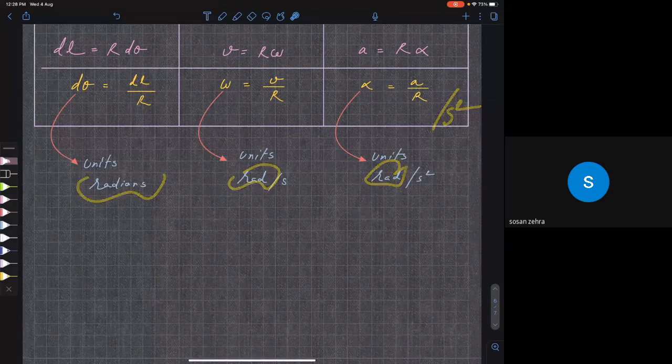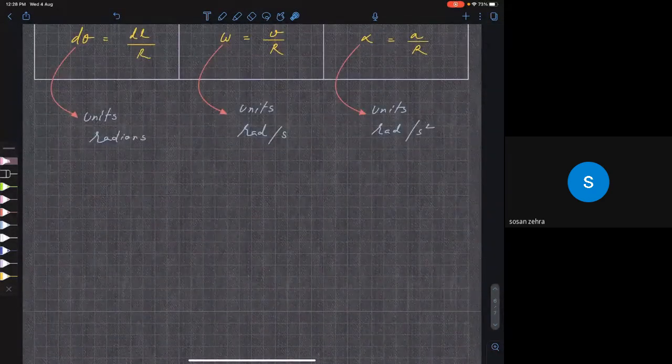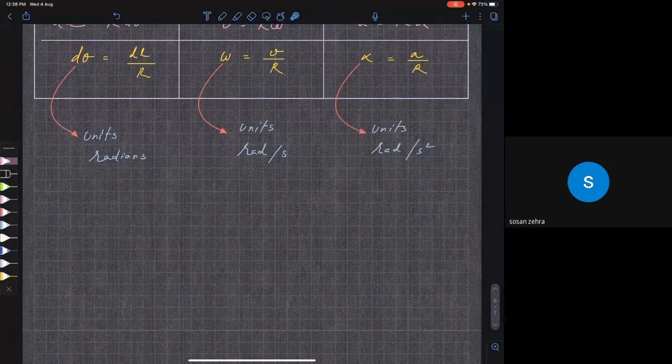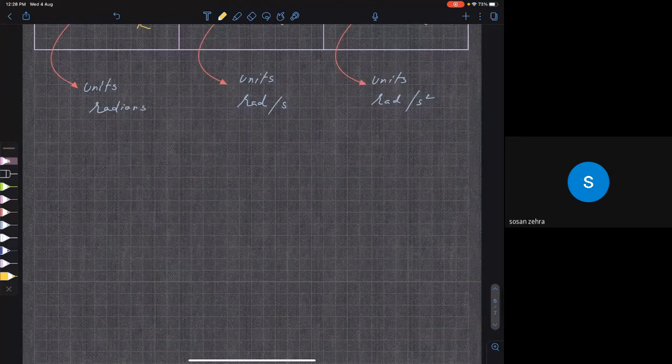Okay, fine. Now if alpha is 0, just pay attention. If alpha is 0, then it's uniform circular motion.